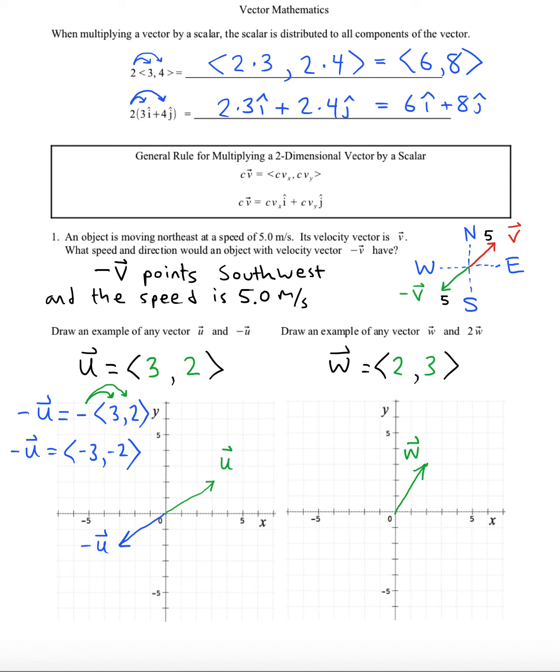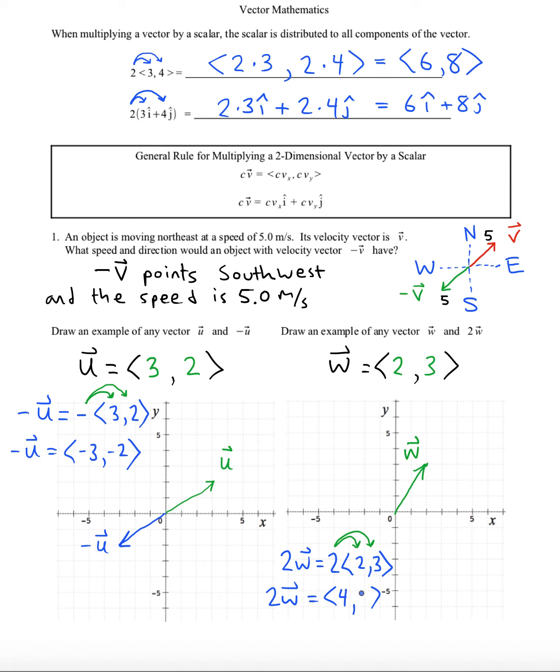Now let's find 2w. We need to multiply the components of w times 2. Just like we had done above, we want to distribute the 2.